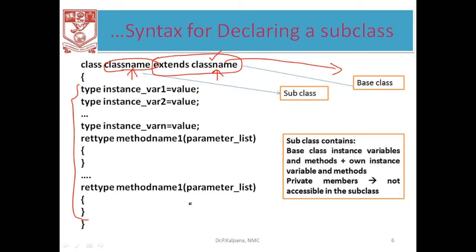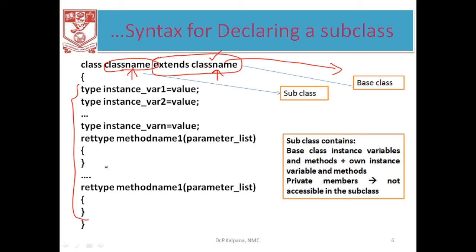Suppose the base class contains private members, what will happen? The private members are not accessible in the subclass, which means except the private members, all other members in the base class are inherited by the subclass. So the subclass contains its own properties as well as the properties derived from the base class. That's all about the subclass.